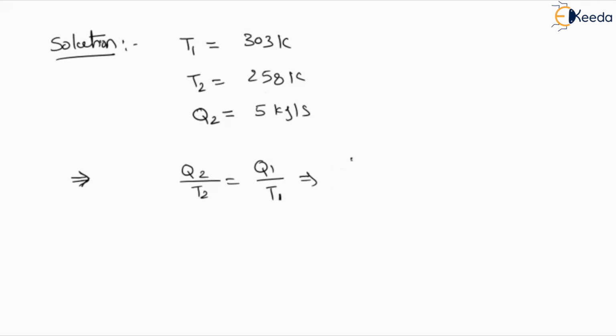The value of Q2 is 5, T2 is 258, T1 is 303, and Q1 we have to determine. So Q1 will be 5 divided by 258 into 303.